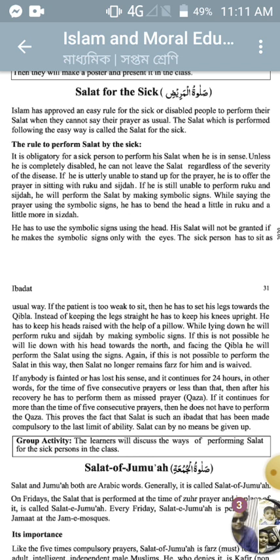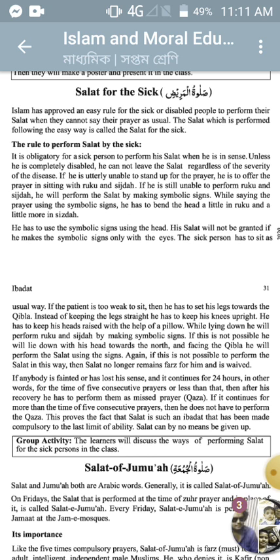If anybody has fainted and lost his senses and it continues for 24 hours, in other words, for the time of 5 consecutive prayers or less than that, then after his recovery he has to perform them as missed prayers.